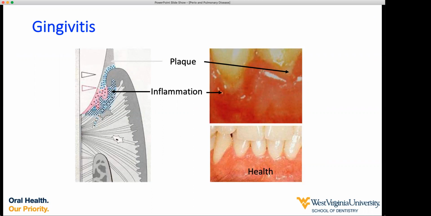If you go in and you clean the area effectively by mechanically removing it with a toothbrush or using anything that's over the counter that has an antimicrobial effect, whether it's a toothpaste or a mouth rinse, you can quickly reverse this back to a healthy situation. Additionally, a hygienist or a dentist who performs a dental prophylaxis can help you get to this stage as well.